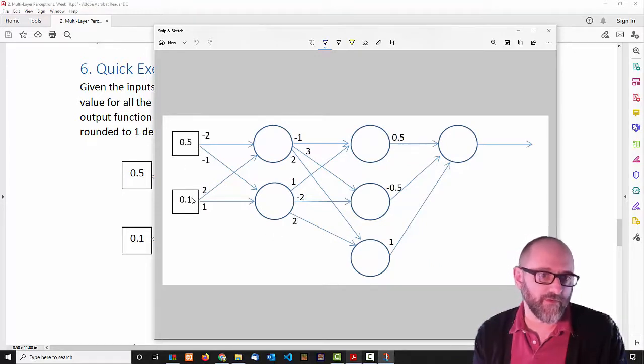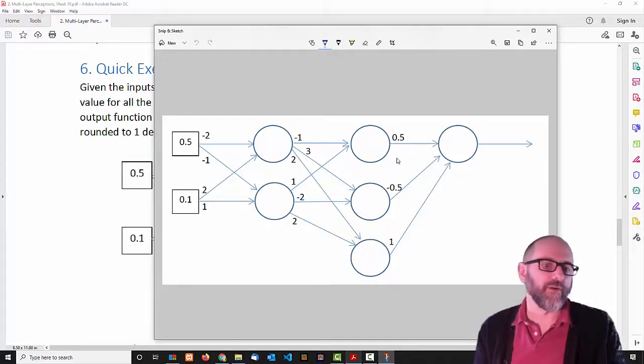I put the inputs as square. You'll often see that the neurons are round and the inputs are square. And then these numbers here represent the weights, and they're mostly integer weights, just to keep it simple. So the idea is I want you to do the feed forward step here. I want you to compute the activation, which you could put here, and then compute the output, and then compute the activation of this node and the output, and so on.